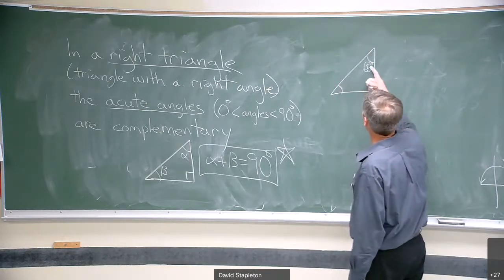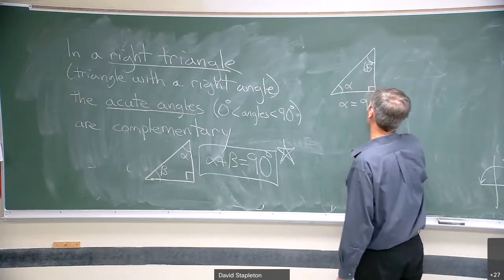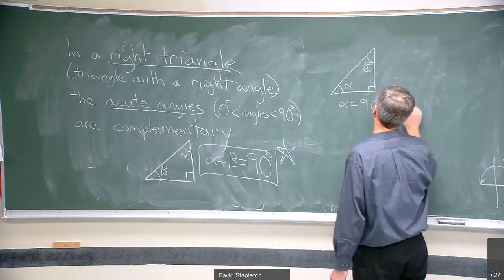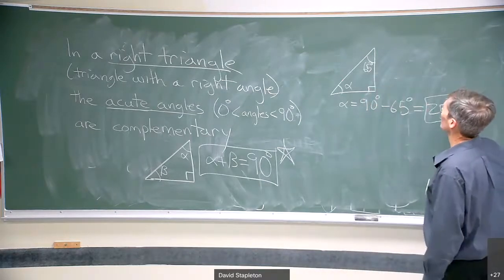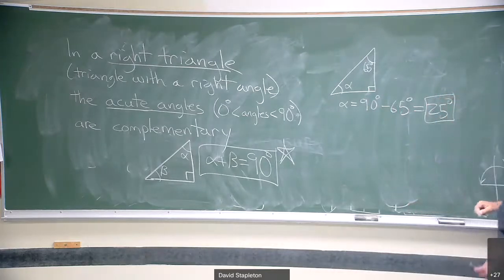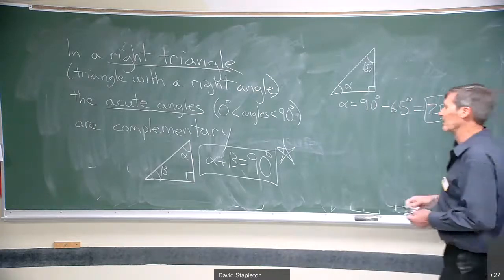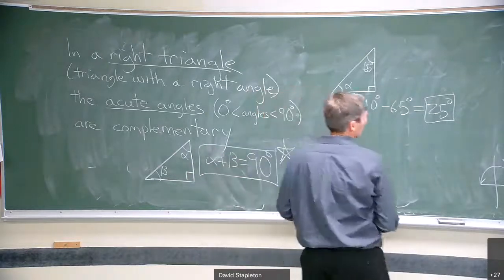We can say alpha here, because these two are complementary, it's just 90 minus the other one. And so I'll write that down, right? And so that's 25 degrees. So there's angles in a triangle, the sum of angles theorem, and how it applies to general triangles and right triangles.